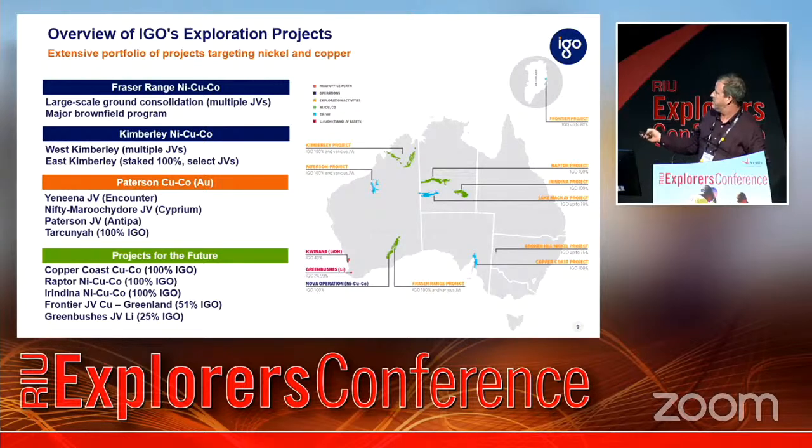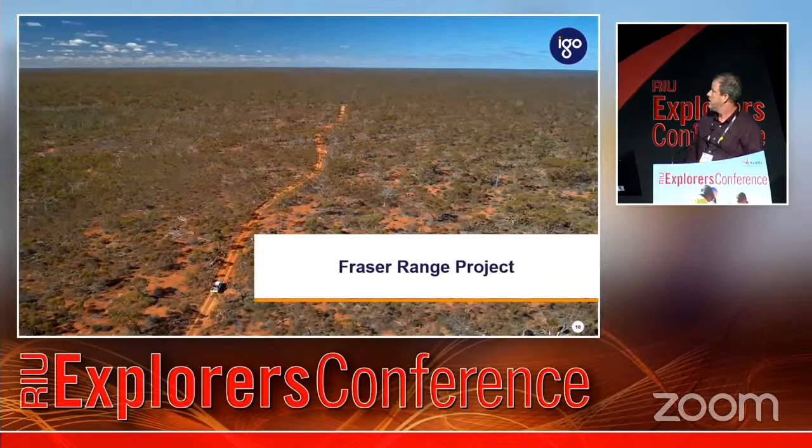And again, I'll mainly be talking about Patterson, which is in our second year running, and then also Copper Coast, which is another new project. Although we primarily go for belt scale opportunities, we do look for other options, and this little project over here is an example of that, where we're JVing in with Impact Minerals over a known nickel gabbro in the area that we're just actively exploring as well.